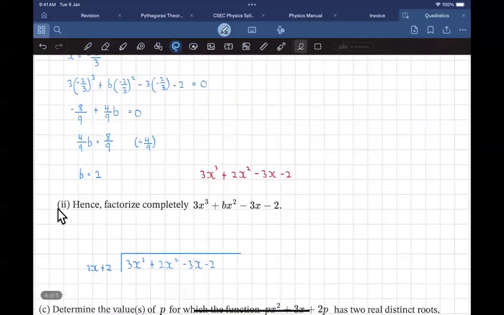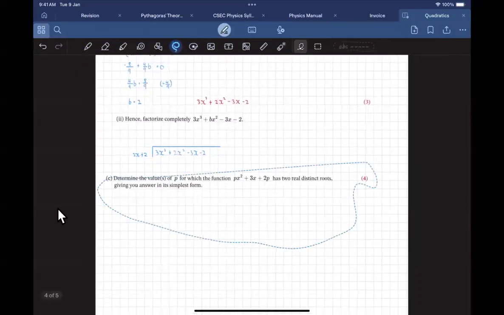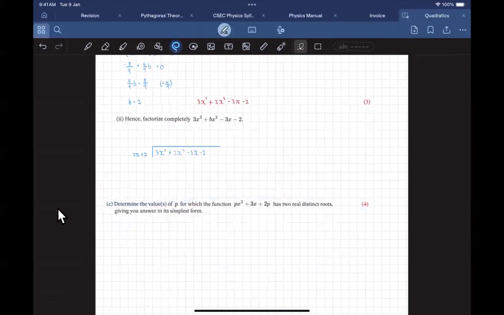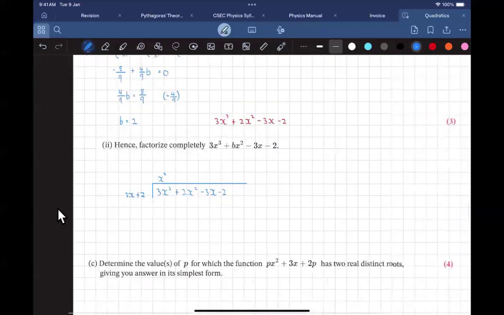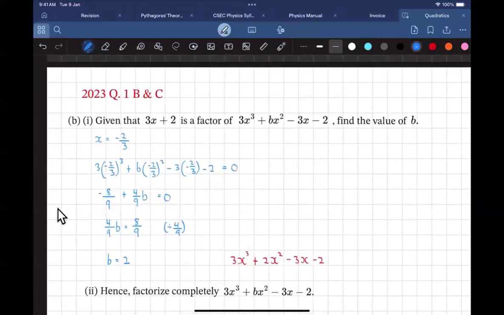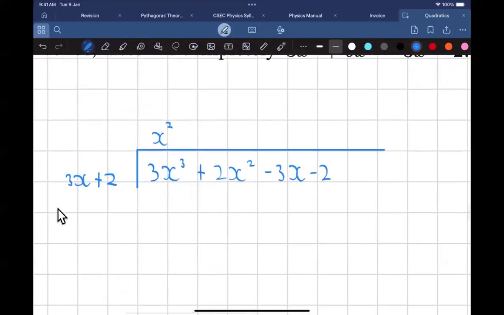All right, let me just divide this fast because we've got to do this question. So that's x squared. We did this question already, but remember, when we did it the first time, it gave you a lot more trouble. You multiply the x squared by the 3x plus 2 again.